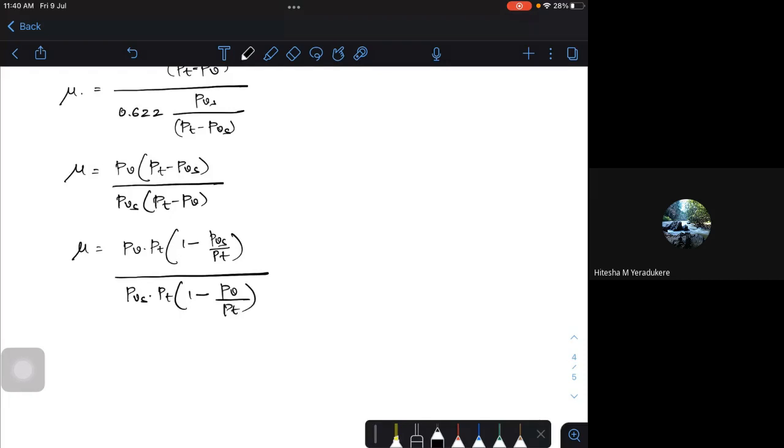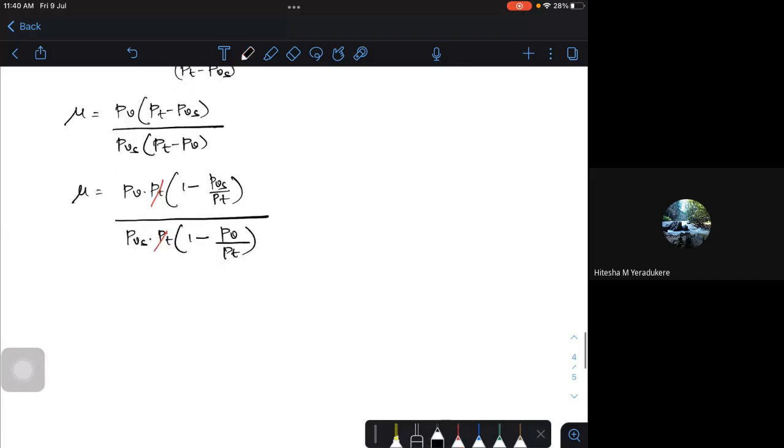So this PT just simply cancels out. So I am left with mu is equal to PV into 1 minus PVS by PT divided by PVS into 1 minus PV by PT.